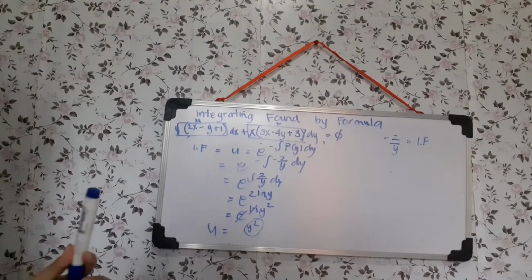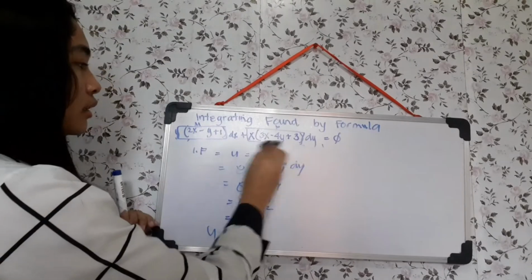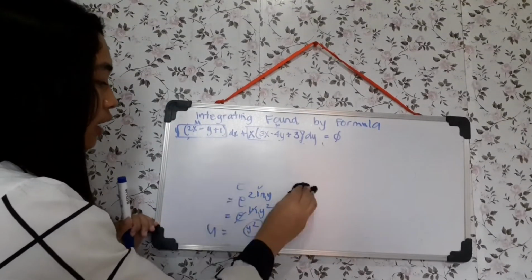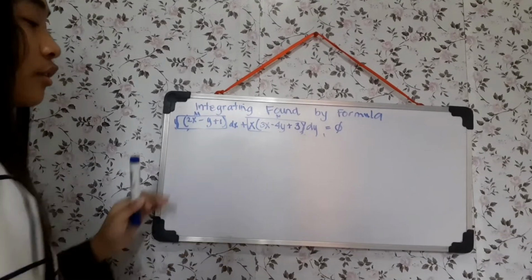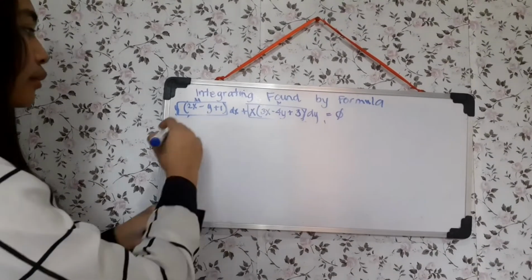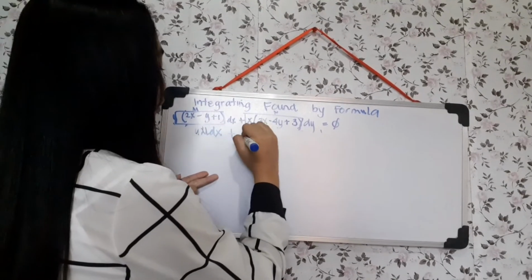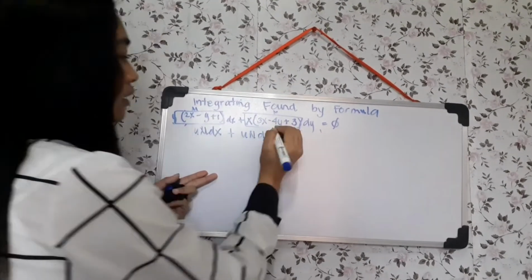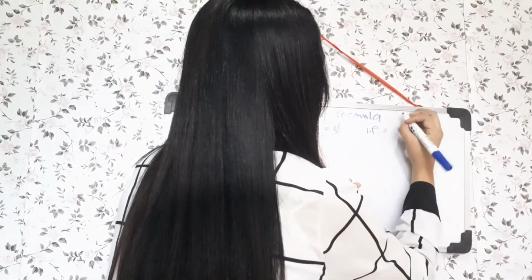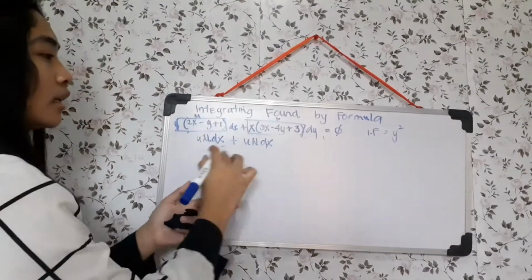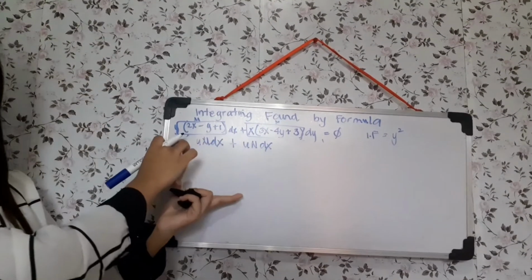Now, after getting the integrating factor, multiply it to the original given equation. So our integrating factor is y squared, meaning multiply it to the original given.